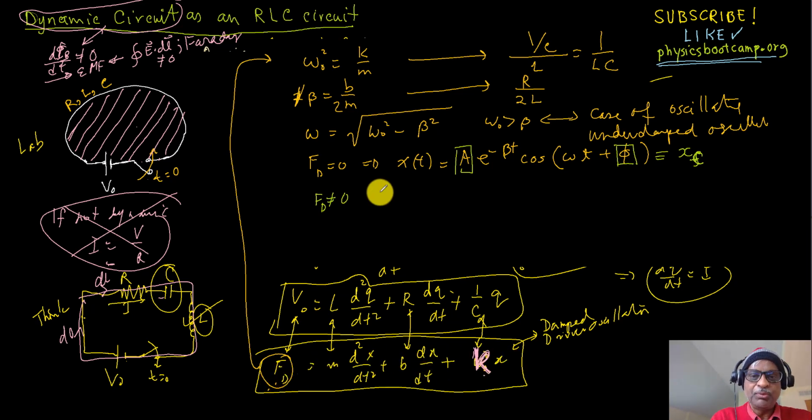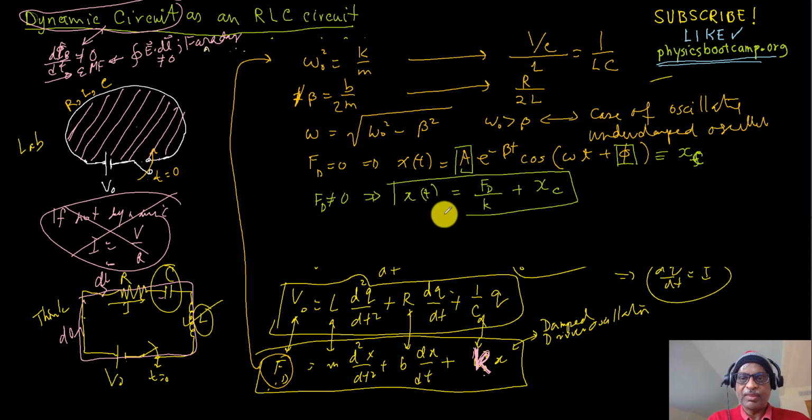So x of t has to be some constant, equal to whatever Fd is over k. And so in our case, plus x of c. So this is the answer for us.